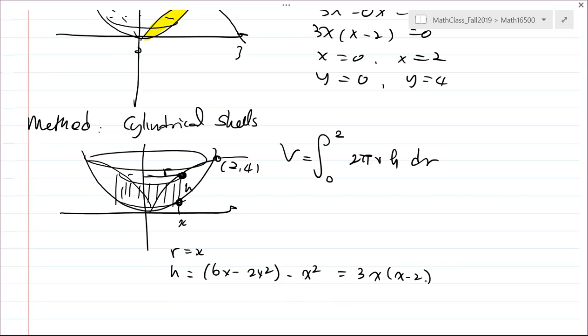Let's look at the picture. So you either still use the parameter r, then h will be 3r(2 minus r). Okay, you don't need x. The variable is r. It's the original variable. But for this particular problem, you can use the x variable.